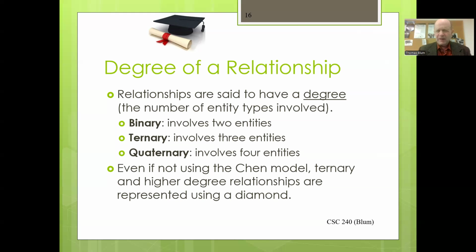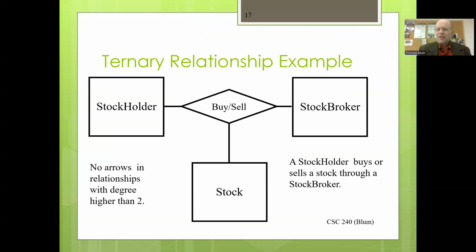In simple ER modeling, we represent a relationship as a line between two rectangles. And in the Chen model, we represented the relationships by these little diamonds. But even if you're not doing Chen, if you had a ternary or a quaternary relationship, then you typically use the diamond, because you'll see in the picture in a minute how it allows us to represent this degree of the relationship.